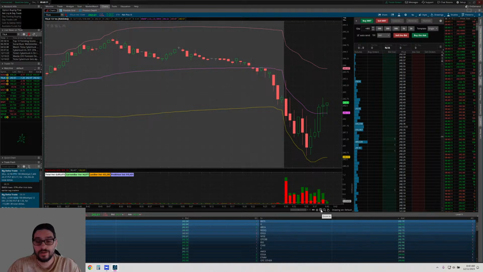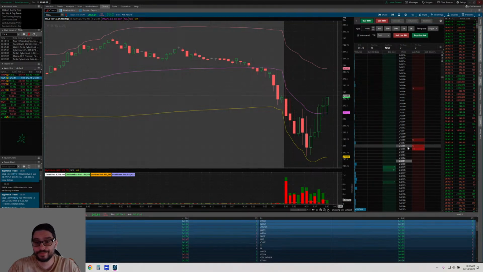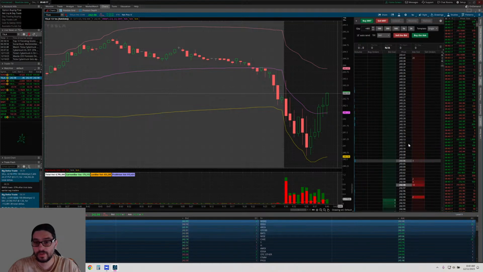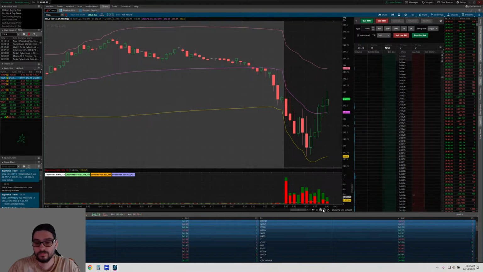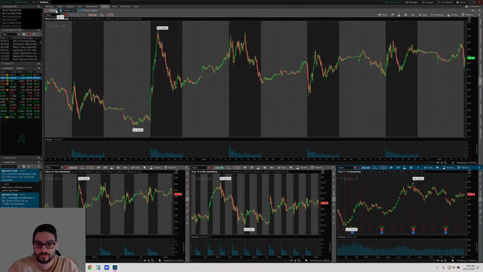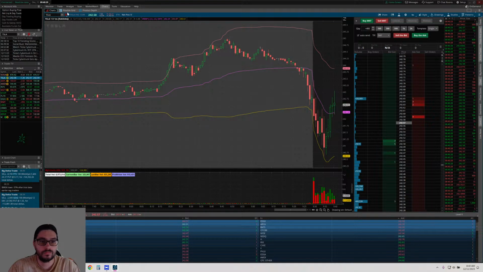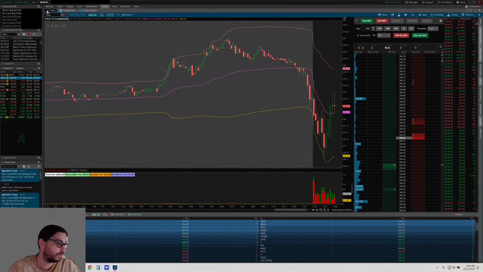Tesla's swinging kind of wild through here. Glad I didn't short it. Now shorting, if it starts to break down through the 240, could definitely be fun.